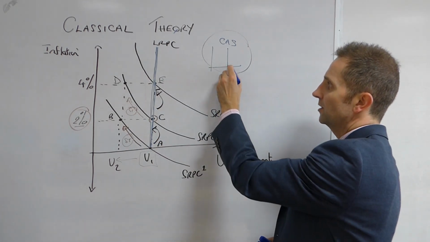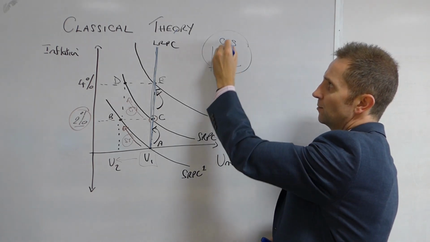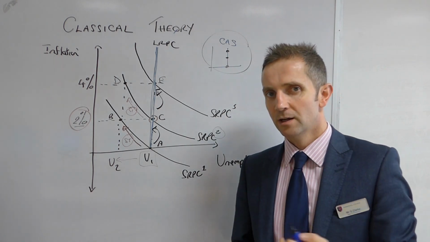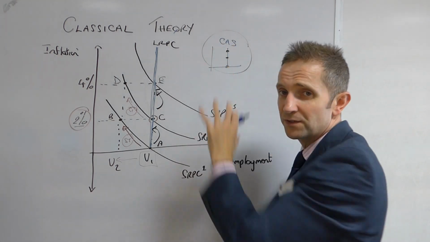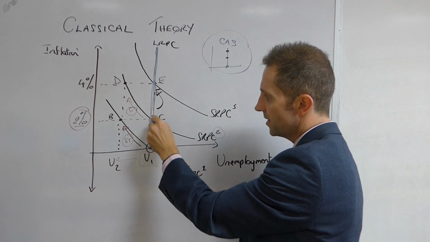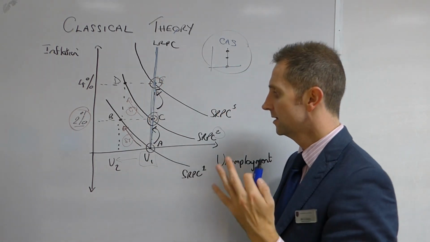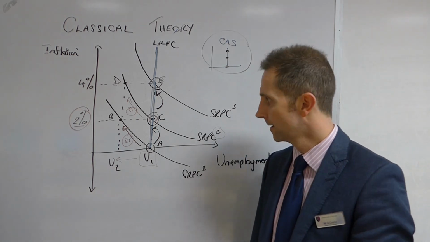And we mentioned that on the previous video where we looked at the similar points on the classical aggregate supply curve. Now when we were talking about this on the previous video, these points were called the NAIRU, non-accelerating inflation rates of unemployment, and again these are referred to as the NAIRU.